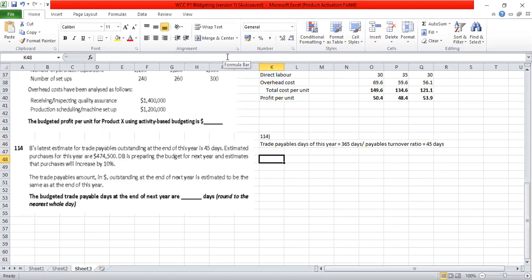We are given the estimated purchases for this year as 474,500.